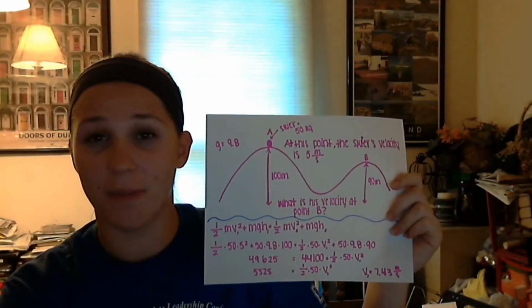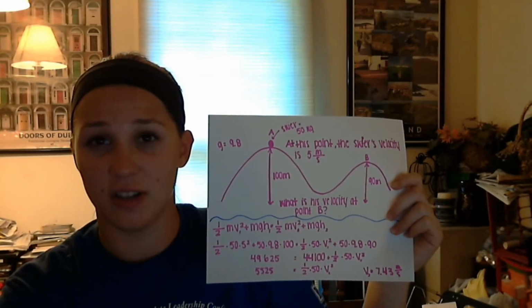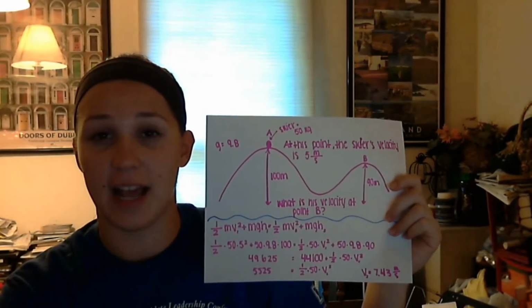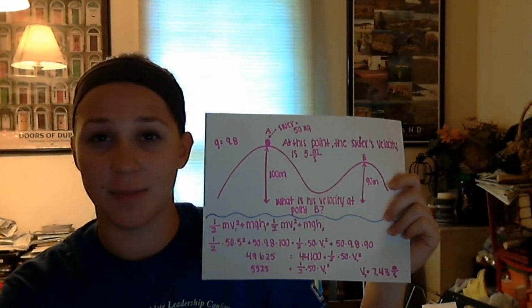I started this off by plugging in all of my variables into the equation and then just solving it algebraically, and then I got 7.43 as my velocity at point B.